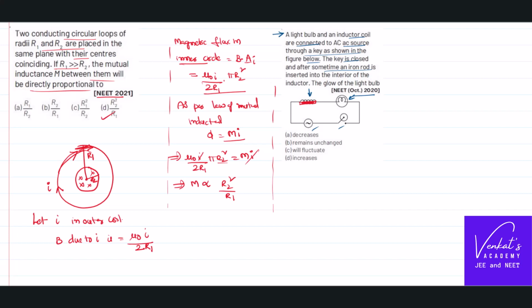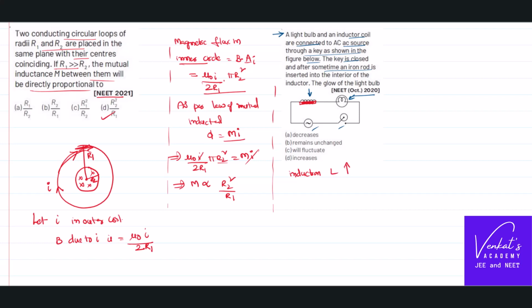What happens when an iron rod is inserted is, the inductance of the coil increases because the field goes better through the coil because of the iron rod. Therefore the self-induction increases.